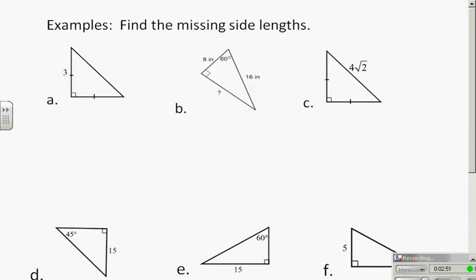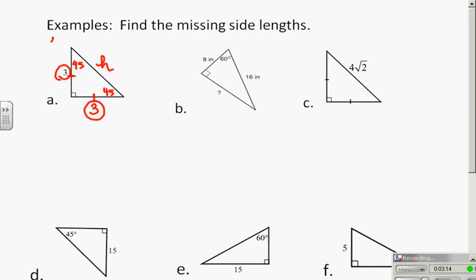So let's look at some examples. This first example doesn't look like we have enough information, but with those two sides marked, it means it's isosceles right, which means this is 45 and this is 45 because base angles of an isosceles triangle are equal. Well, if these two are equal, that means that side is also 3.